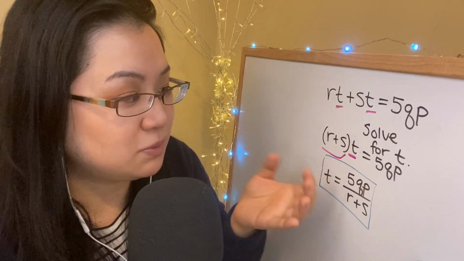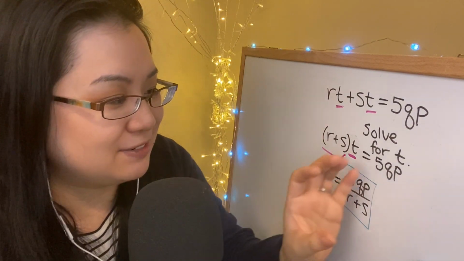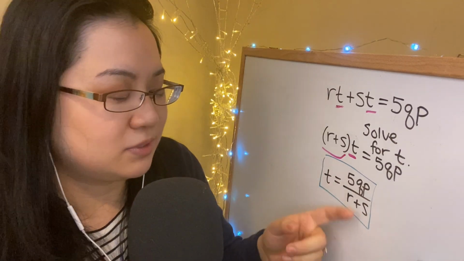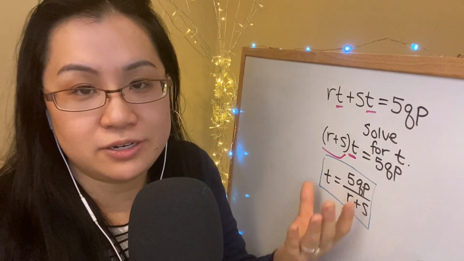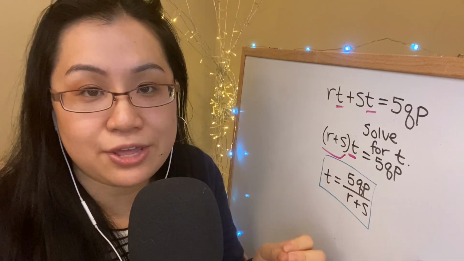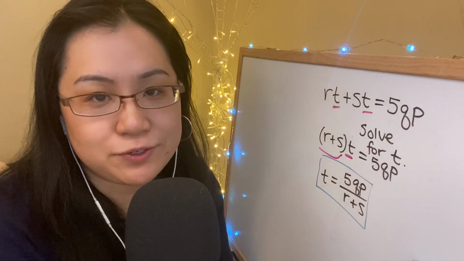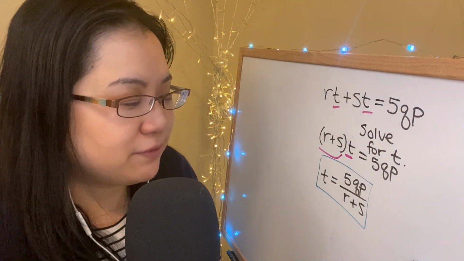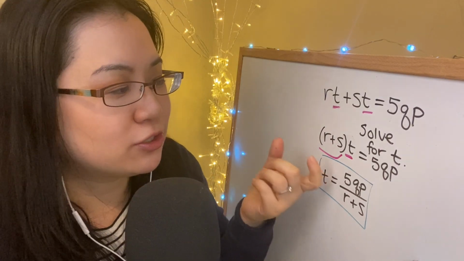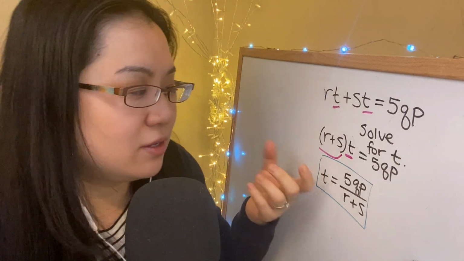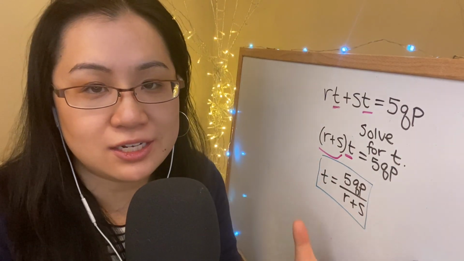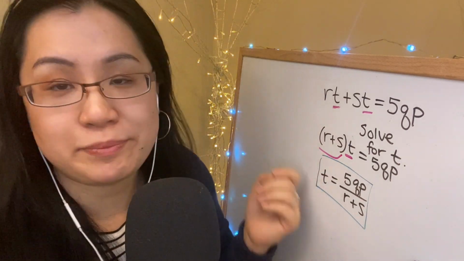The whole thing goes together, so when I divide, I have to divide by R plus S. I don't need parentheses if it's in the denominator of a fraction, but the R plus S stick together. Make sure you are clear with the order in which you're doing this, and whether you're dividing an entire quantity or one piece at a time.